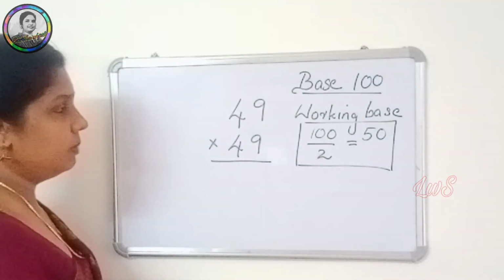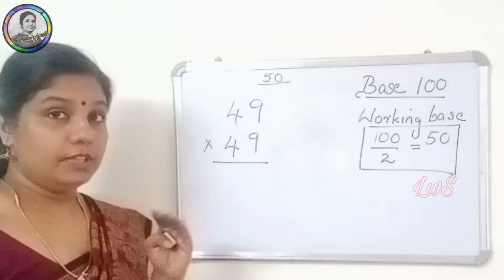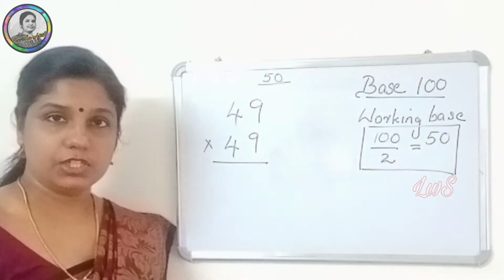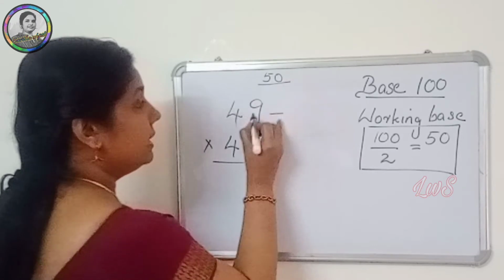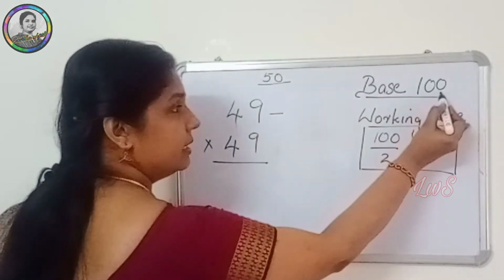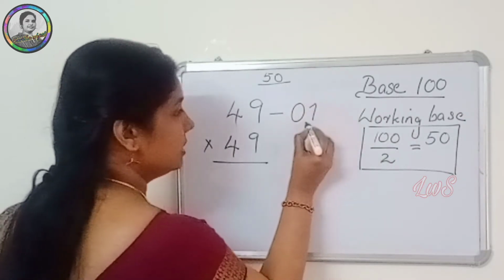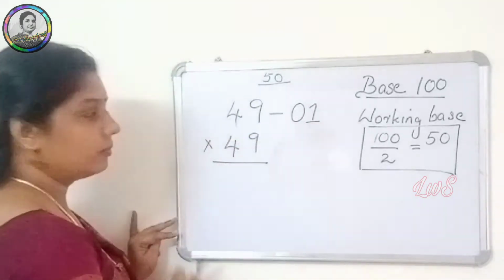Now coming to this one. So working base 50. We use the same method as we did for Nikhilam multiplication. 49 is 1 less than our base 50. But since the base is 100, we have to write it in 2 digits. So we write 0, 1.